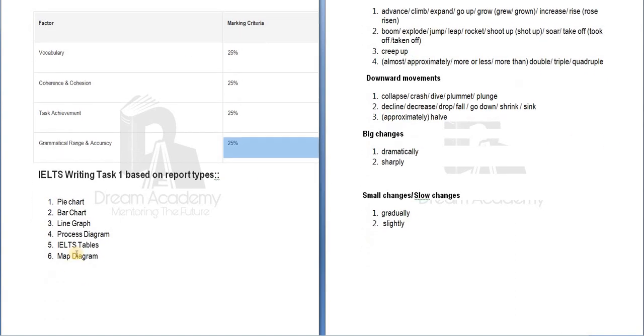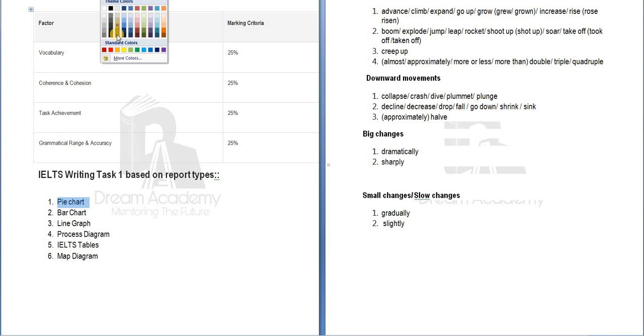And now here another thing, IELTS writing task 1 based on report types. So there are 6 types of reports in which you should answer. So first here, pie chart, then bar chart, third here, line graph, then number 4, process diagram, number 5, IELTS table, and number 6, map diagram.